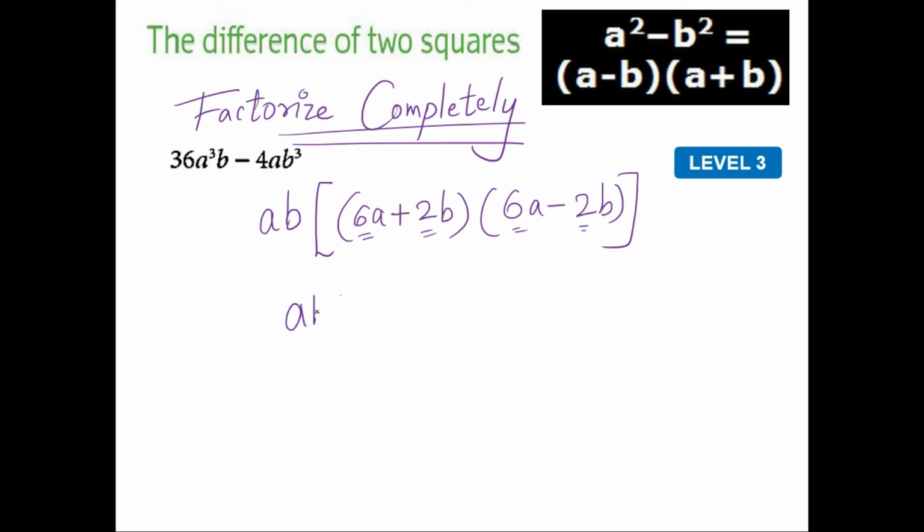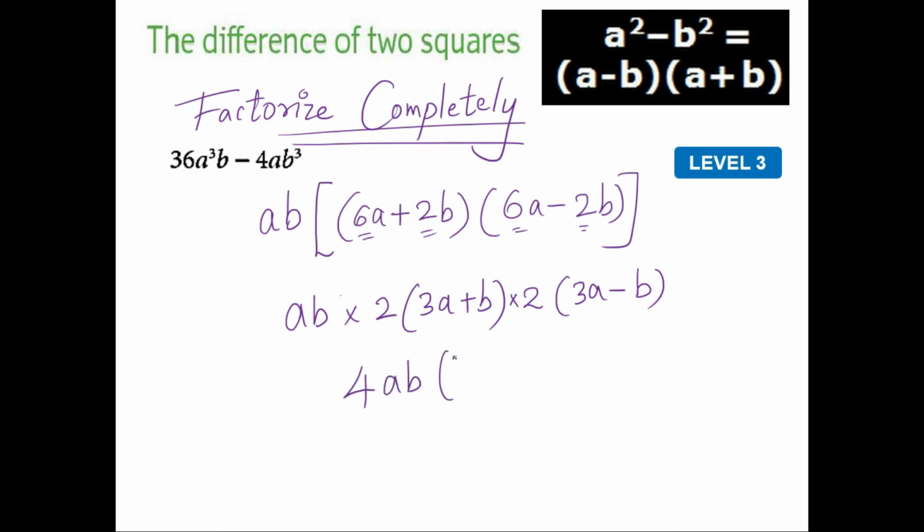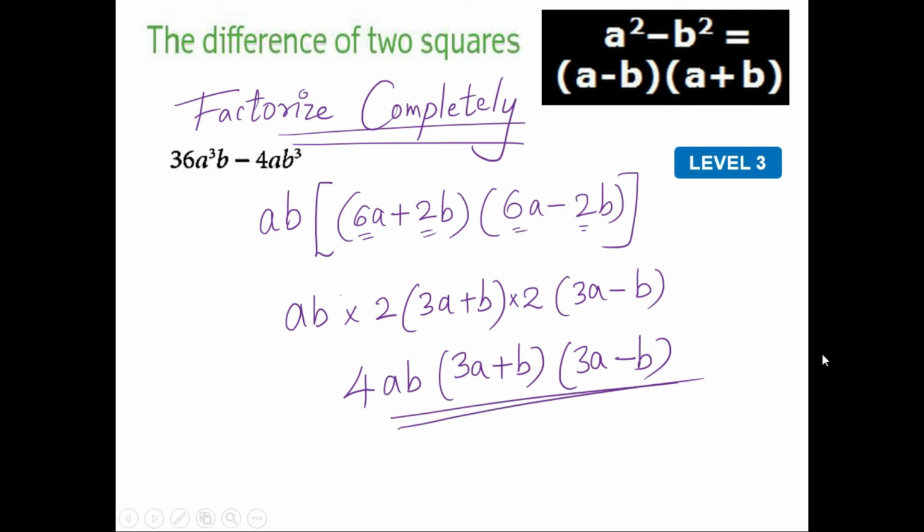So I have ab, and the 2 is removed from here, giving me 3a plus b inside the bracket, and another 2 from this part, giving me 3a minus b here. So the final answer will be 4ab times 3a plus b times 3a minus b. So this is going to be your final answer for this question.